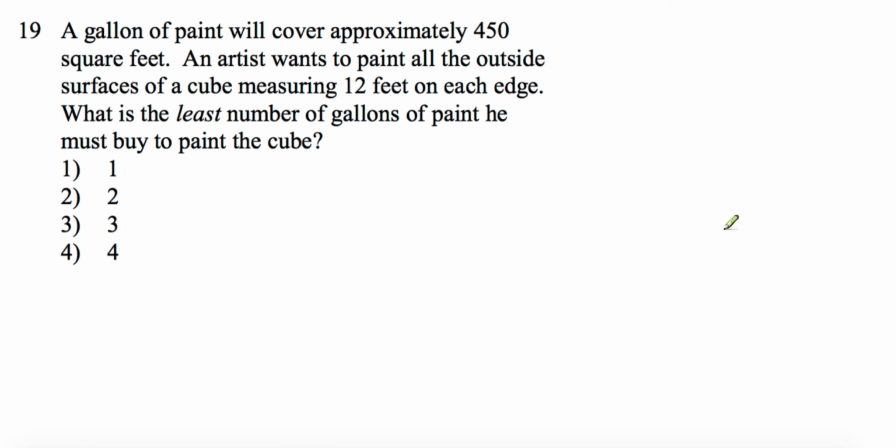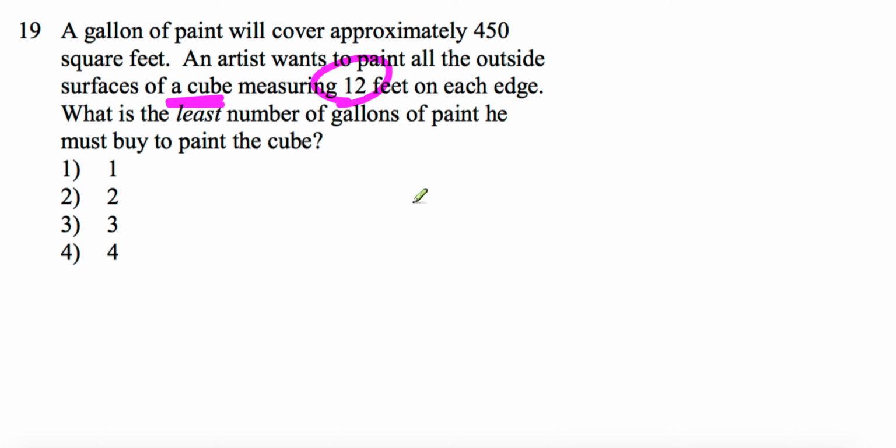Number 19. A gallon of paint will cover approximately 450 square feet. And then the cube measures 12 feet on each edge. What is the least amount of gallons of paint she must buy? So now, we're painting the outside surface of a cube.